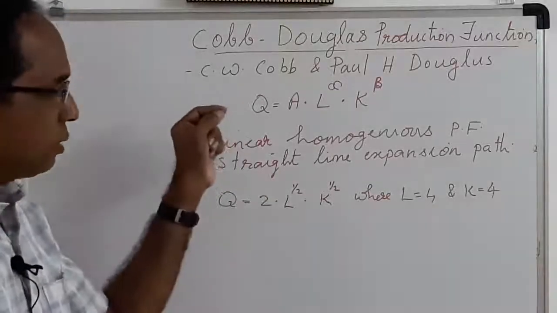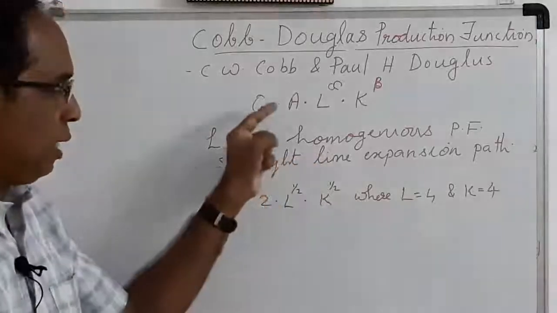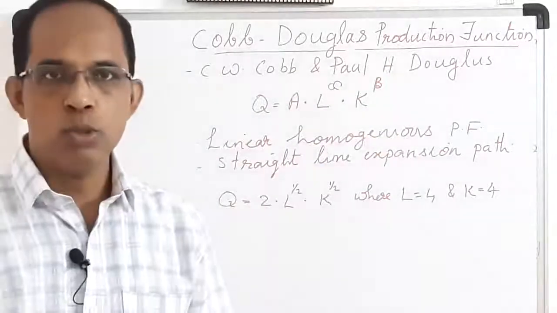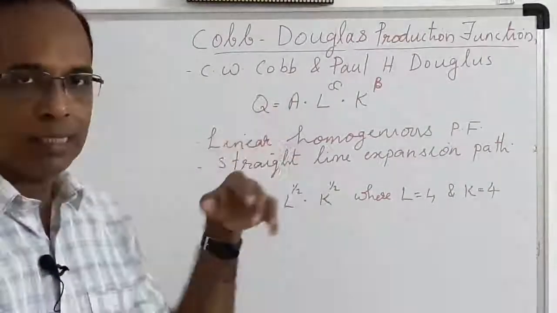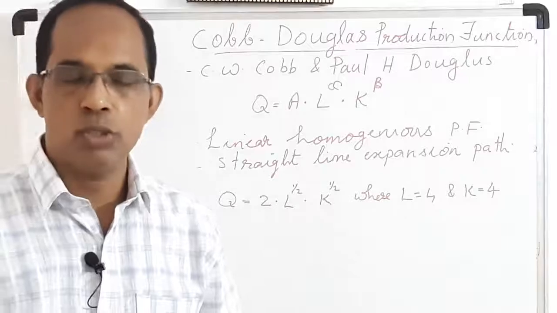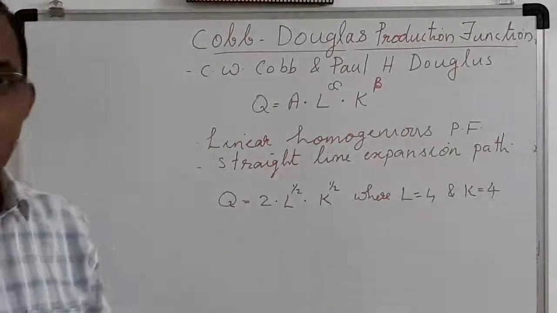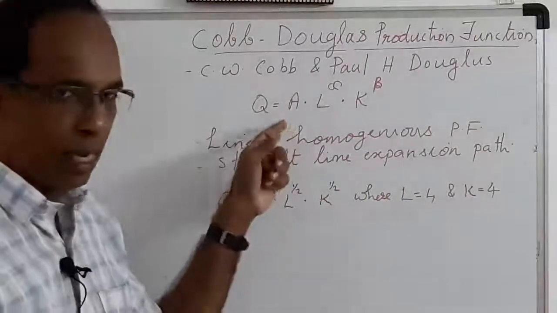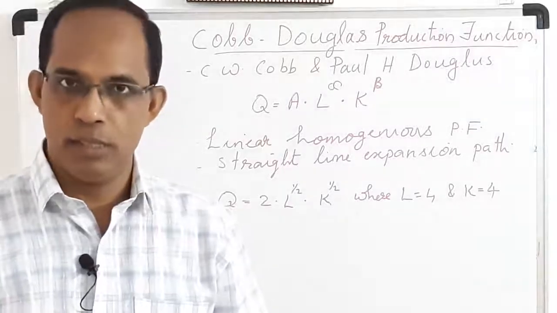And there are three parameters in this production function: A, alpha, and beta. What do they represent? A represents the efficiency parameter, that shows the efficiency of the production unit or technology, etc. The higher the value of A, the higher will be the efficiency of the production unit.